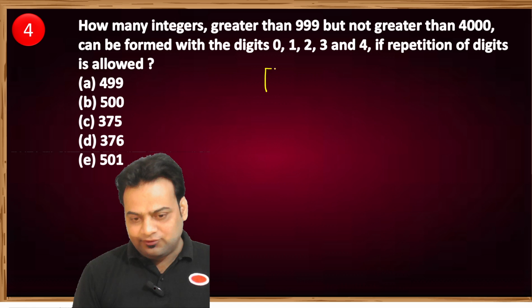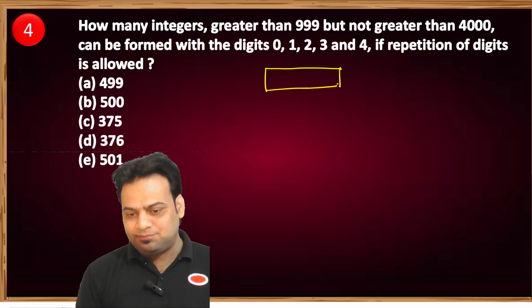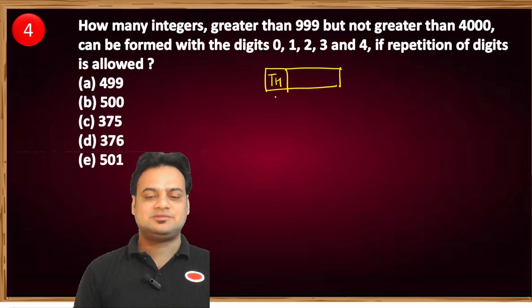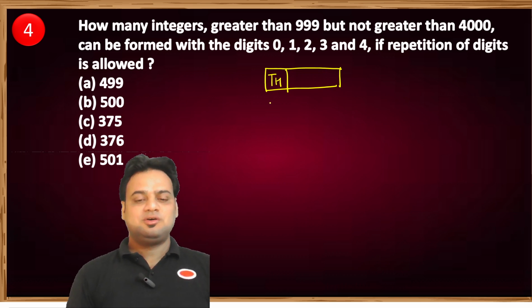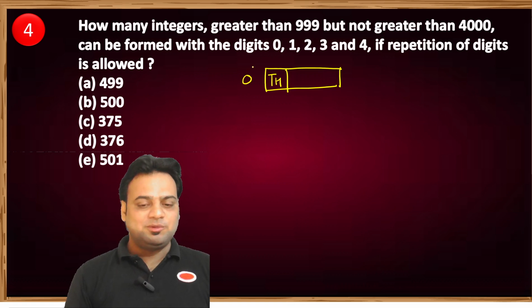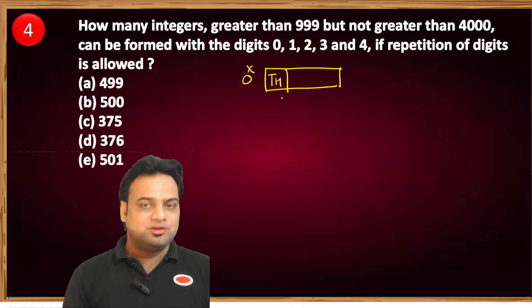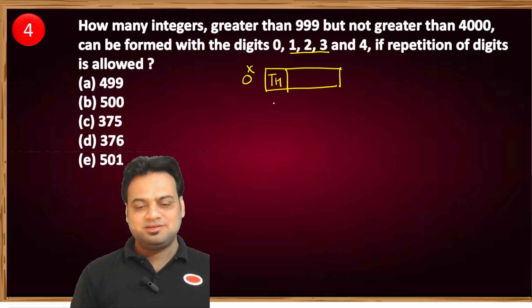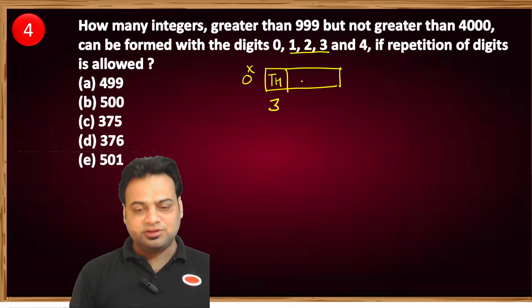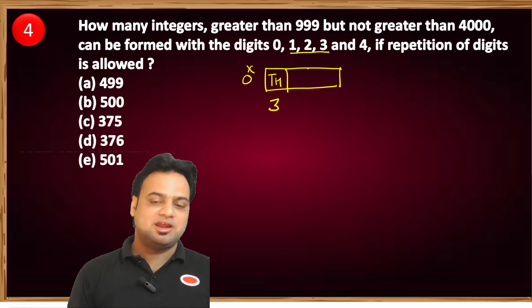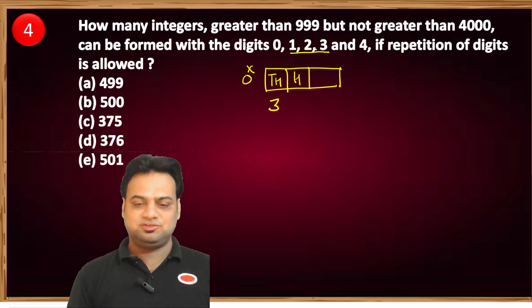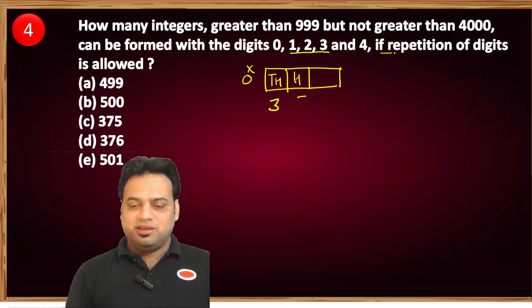In a 4-digit number, the fourth place is the 1000 place. How many values are possible there? 0 is not possible, because if you put 0 in the 1000 place, it becomes a 3-digit number. So there are only 3 possibilities, 1, 2, 3, that means 3 ways. In the 100s place you can arrange any of 0, 1, 2, 3, 4, that means 5, because repetition is allowed.